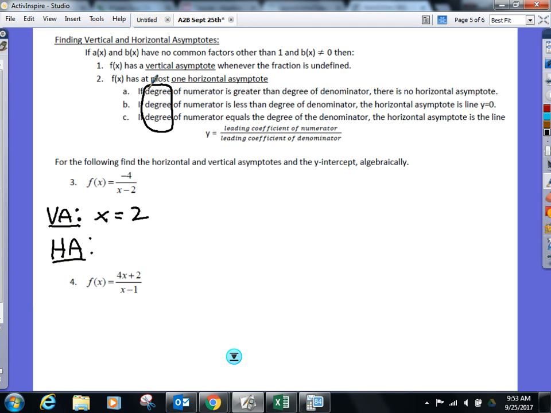Hopefully you talked about it last year. Degree is the highest exponent.